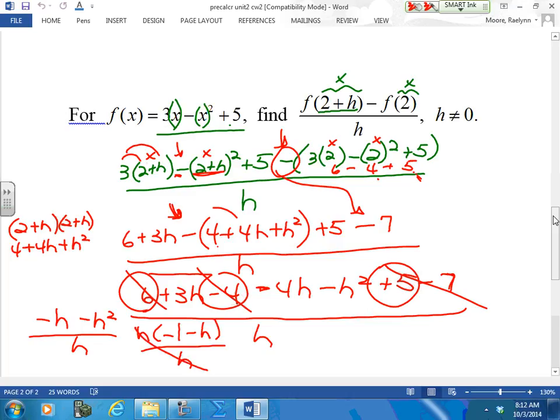And the h's come out. And you are left with negative 1 minus h. I can't move my screen or I'll lose all that information, so I'm sorry it's kind of messed up at the bottom there. Your goal when you condense this is to get rid of anything that doesn't have an h. If it didn't, then something went wrong.